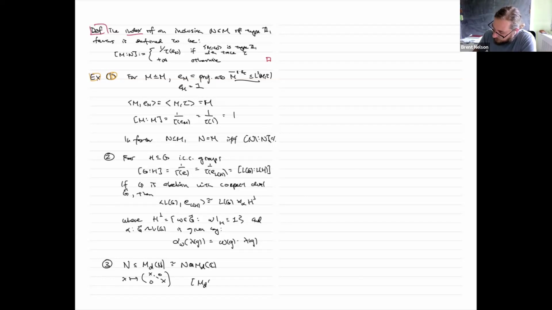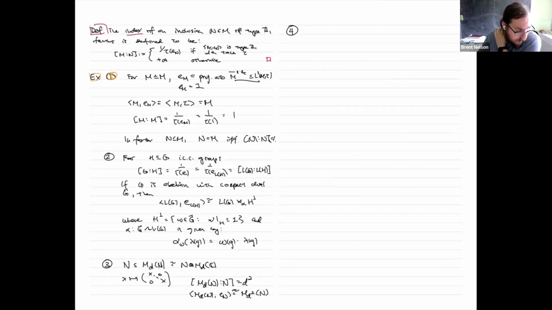And the index for this inclusion is simply D squared. And the basic construction is isomorphic to the D squared by D squared matrices over N. So there's some exercises in chapter 6 where you work through and show that.